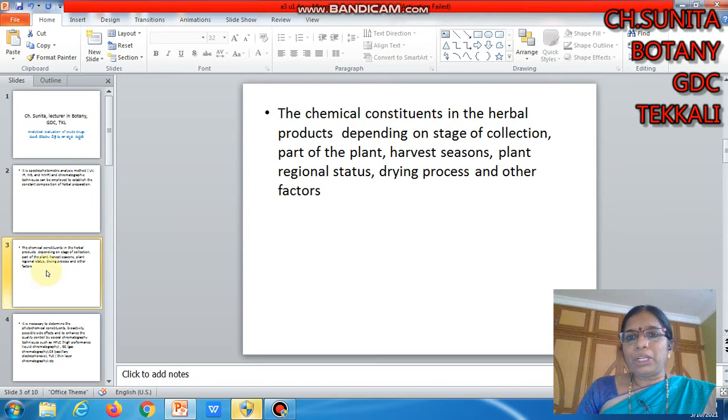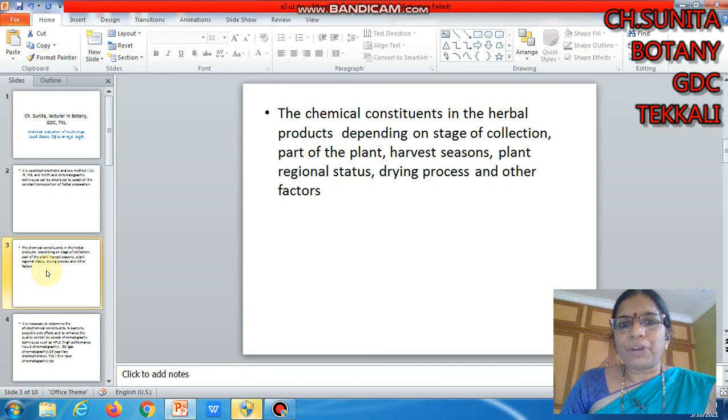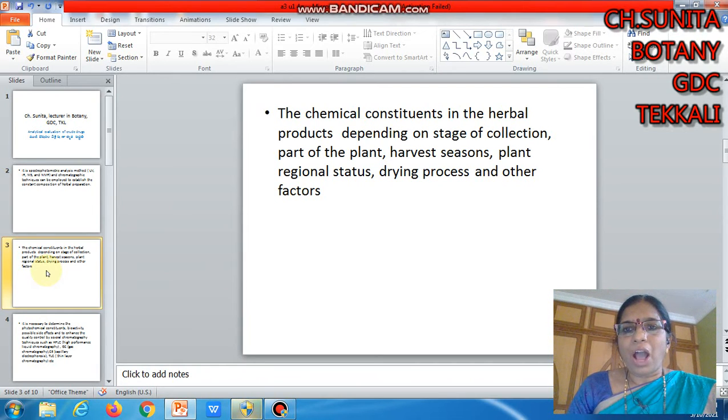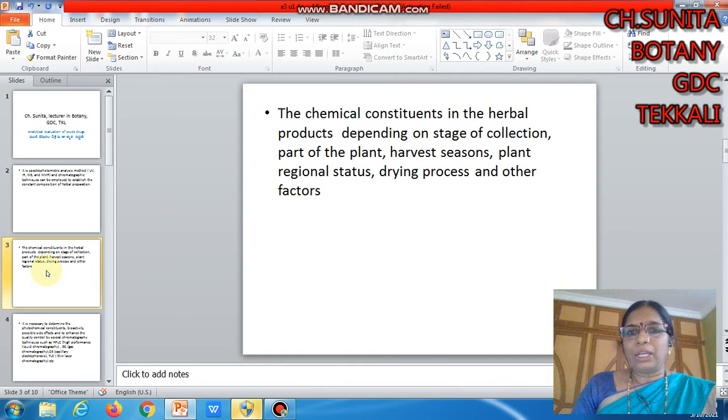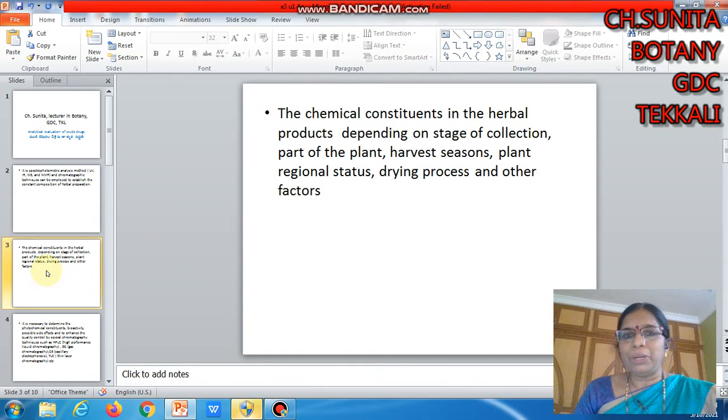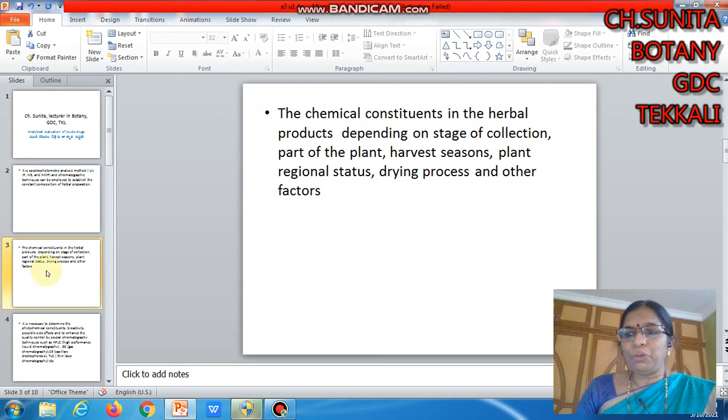Next, the chemical constituents in herbal products depend on the stage of collection, part of the plant, harvest season, plant regional status, drying process and other factors. So mostly the chemical constituents will be present in herbal medicines. How good the quality is and how much concentration there will be can be determined by the stage of collection: in which stage we have to collect the plant drug, which part we have to select, and the harvesting season is also very important.